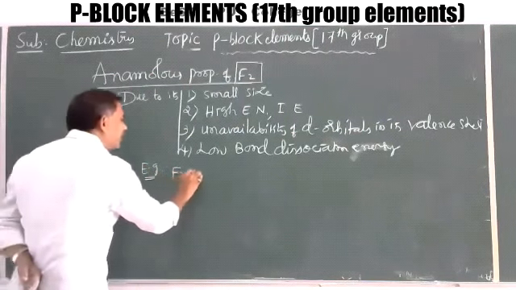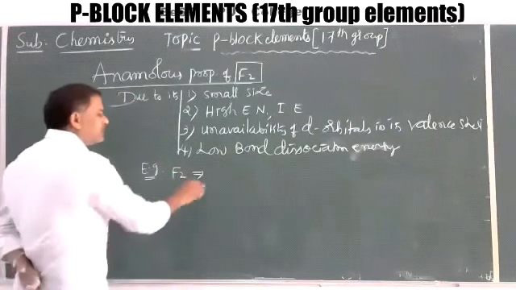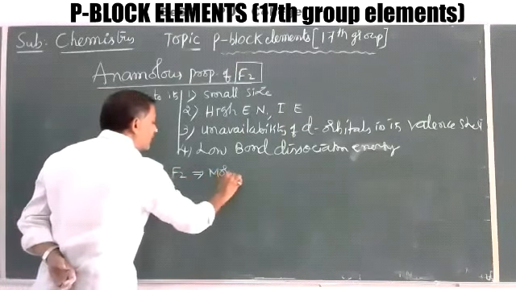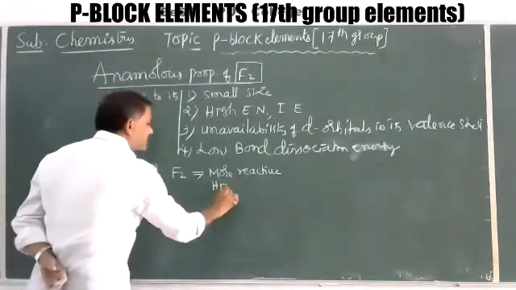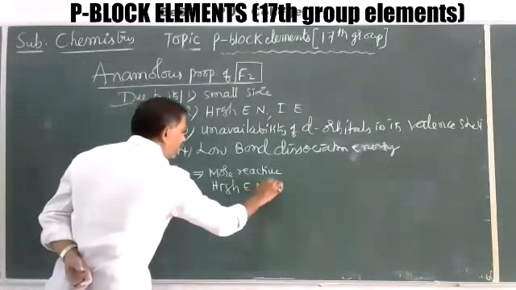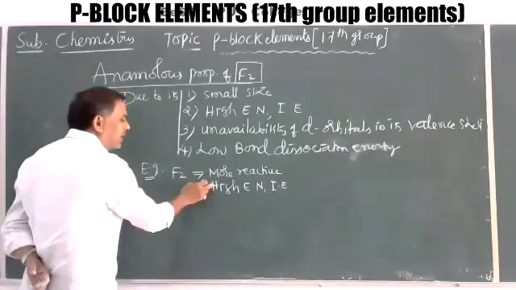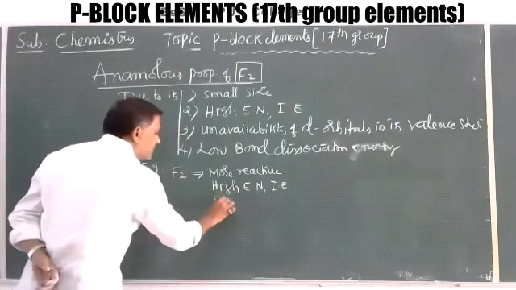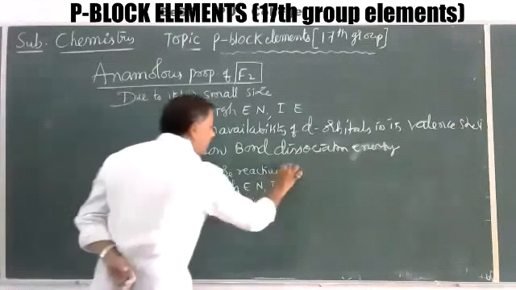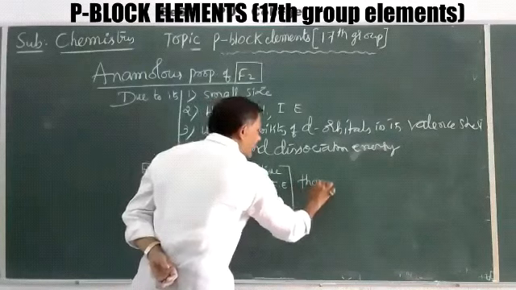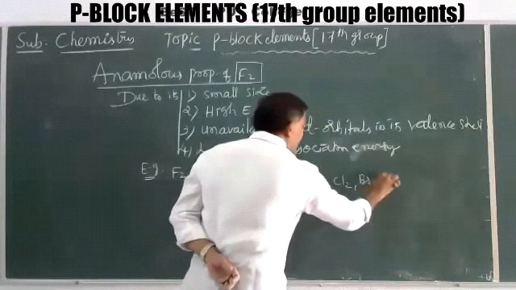Generally fluorine has high electronegativity, which means it is generally more reactive. It has high electronegativity and ionization energy, and it is more reactive, acting as a stronger oxidizing agent than Cl2, Br2 and I2.